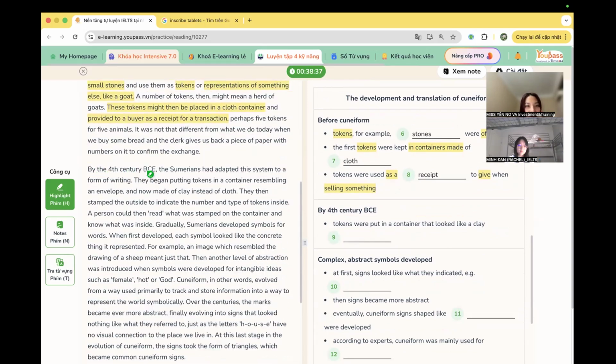So by the 4th century before Christ, the Sumerians had adapted the system to a form of writing. They began putting tokens in a container resembling an envelope, now made of clay instead of cloth. So what is that?